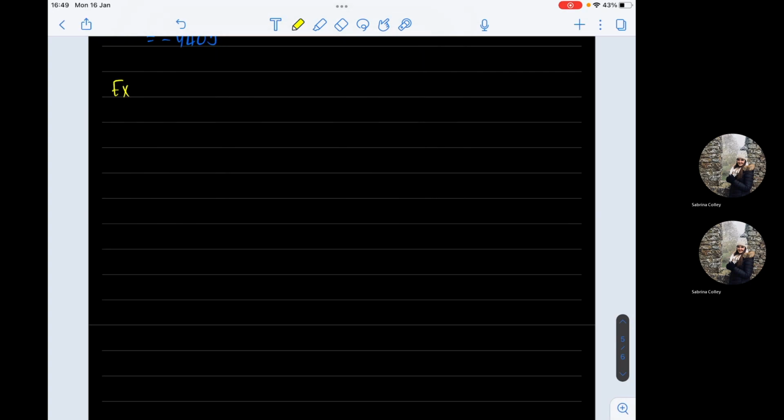So now they ask you, determine n using the appropriate formula. That appropriate formula thing is just that you don't guess.